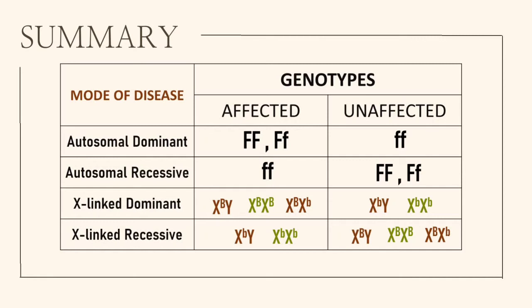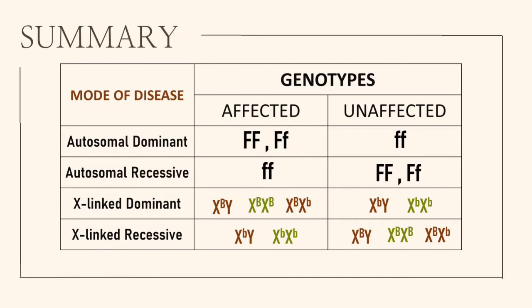Next naman, for the unaffected individuals naman, so ayun nga, for male unaffected in X-linked recessive, we're gonna be using capital letter B that is being adhered in X chromosome. Okay, next naman, for unaffected females naman, meron tayo two sets of genotypes. We have here homozygous dominant and then heterozygous dominant.